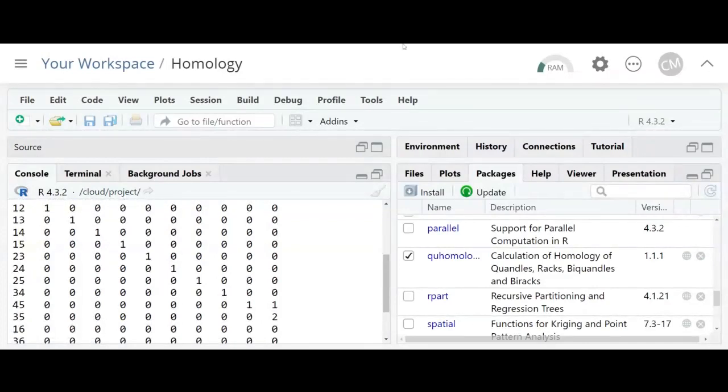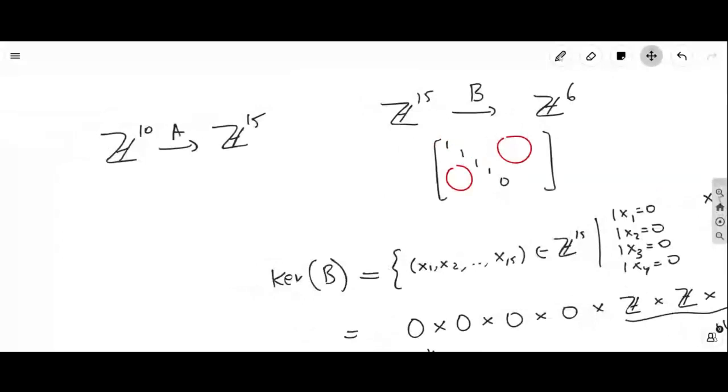So let's go back to our board and say what we get for the Smith normal form. For the Smith normal form over here, this is just going to be 1, 1, 1.